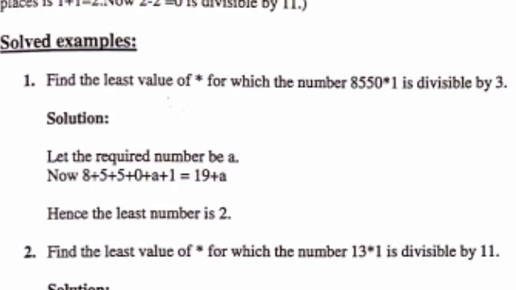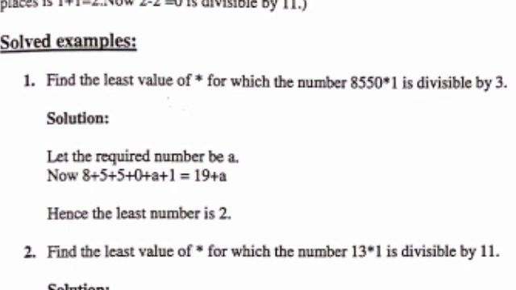So the sum of the digits is 19 plus a, but given that the number is divisible by 3, and we know that the number nearest to 19 that is divisible by 3 is 21.